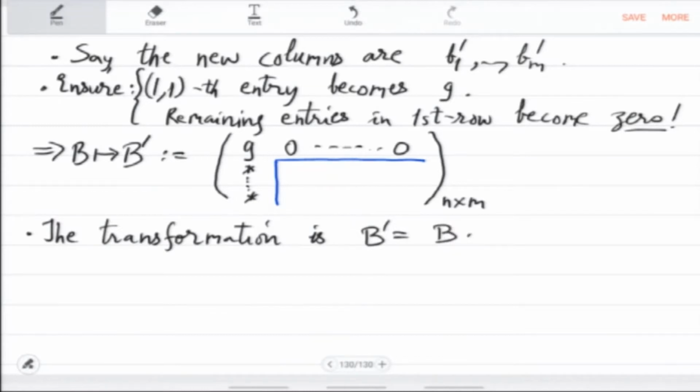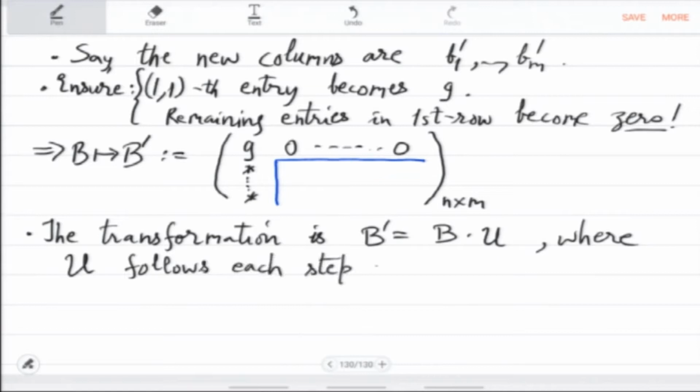So it's a multiplication by a matrix on the right, B times U. Where U is what? U follows each step of Euclid's GCD algorithm.